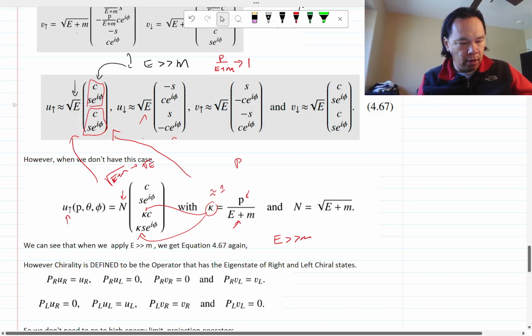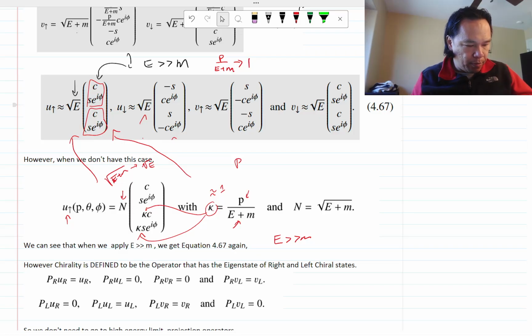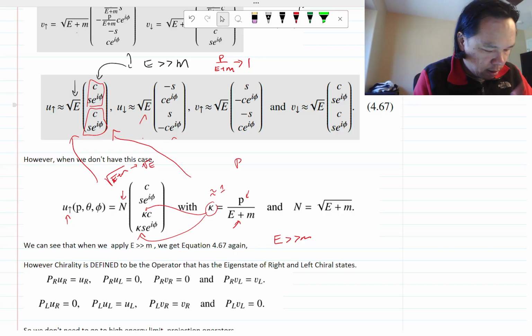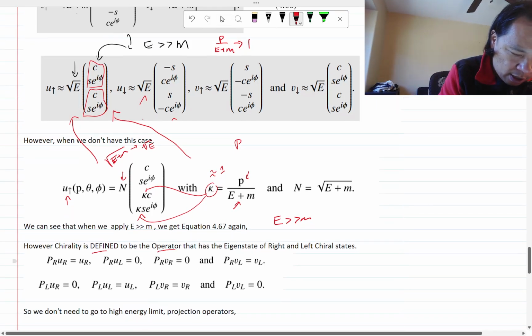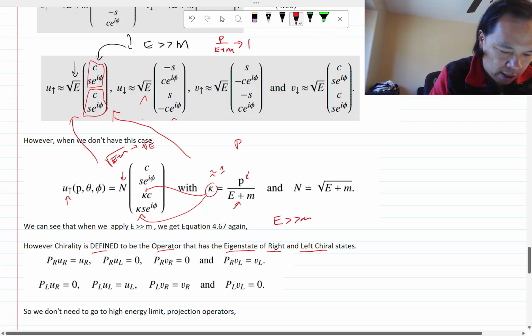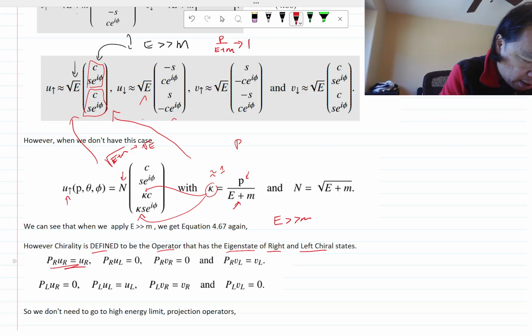So instead of defining these up helicity and down helicity states, if we define them as the right and left chiral states instead, we can have an operator that operates on these left and right chiral states, where if you do a projection along the right chiral direction, you get the same thing back.